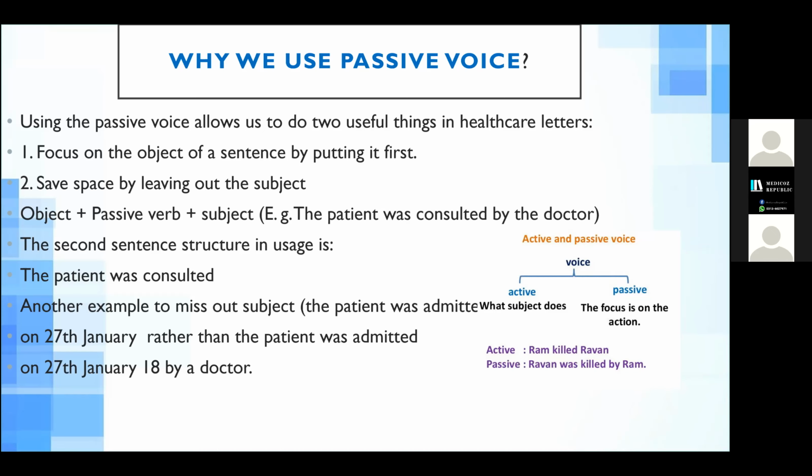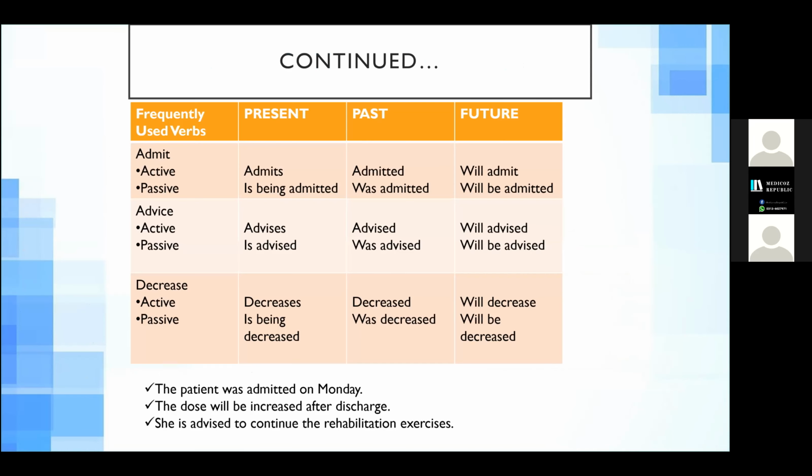Next up is a table with frequently used verbs that we use in OET letters: admit, advise, and decrease. We'll study how these change in the present, past, and future tense, and how the passive forms are used in this type of letter.